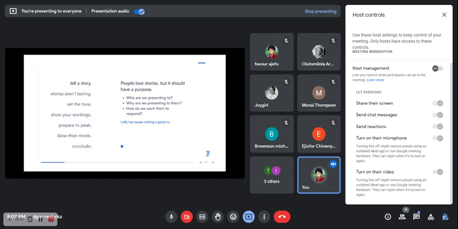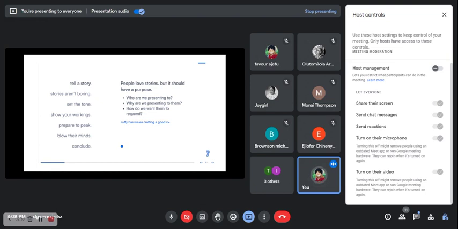Because I believe that one of the major things that a beginner designer or a newbie designer starting out in the industry is going to be faced with when it comes to presenting is presenting their case studies. Of course, there are other things you need to present, like you might need to present your work to stakeholders.